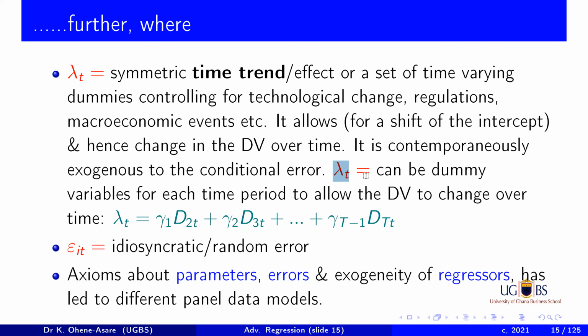So for each year you create a dummy variable: either it is the year 2001, which you represent by 1, or any other year, which is 0, and then it keeps on going. So in short, the symmetric time trend can be macroeconomic factors, or things related to time dummies.